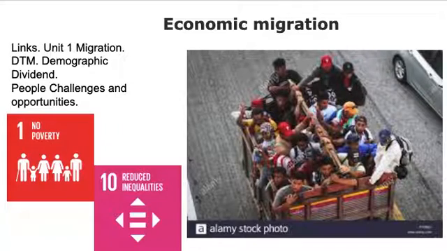Underneath this issue of economic migration, particularly for less educated people, of course we can see a very tight link here with SDG 1, no poverty, and also SDG 10, reduced inequalities. But in this video we'll also be considering the role of global development and the role of having stable institutions to help a country to develop.